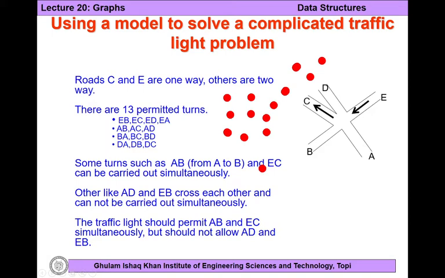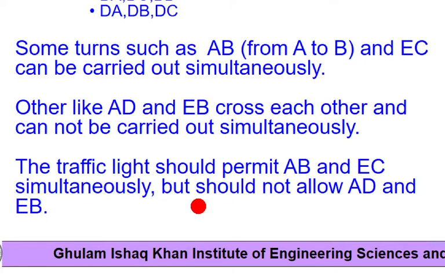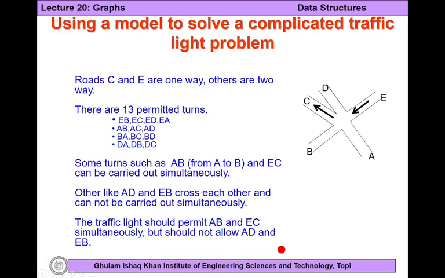Now next we will identify all the turns which cannot or should not be allowed simultaneously, right? For example, if we open the turn from A to B, and we open the turn from E to C. Now these two turns can be opened simultaneously, so we are good with that, right?